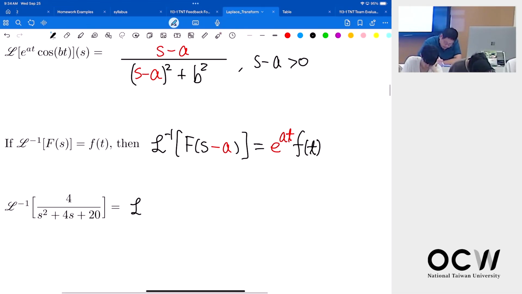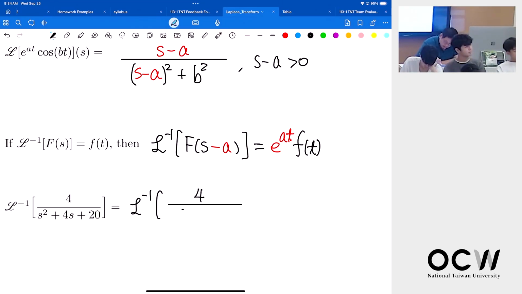Let's rearrange that. This is the inverse Laplace transform of 4 divided by (s plus 2) squared plus 16.